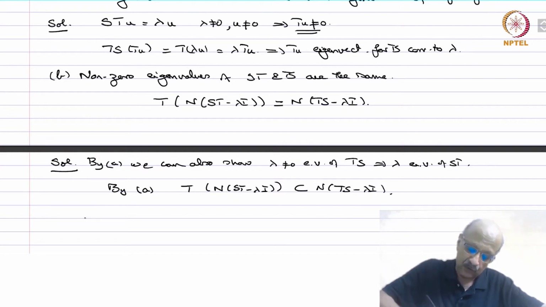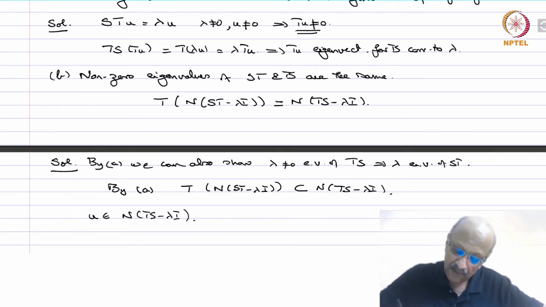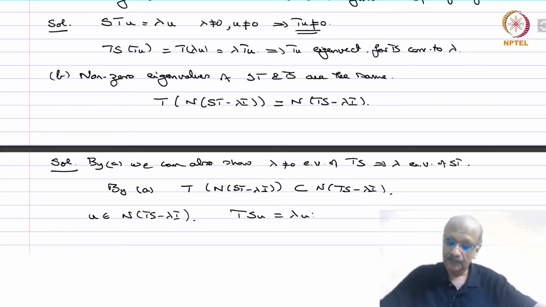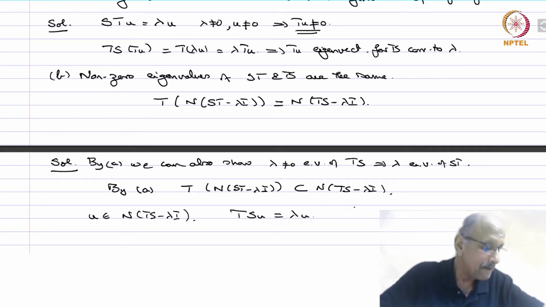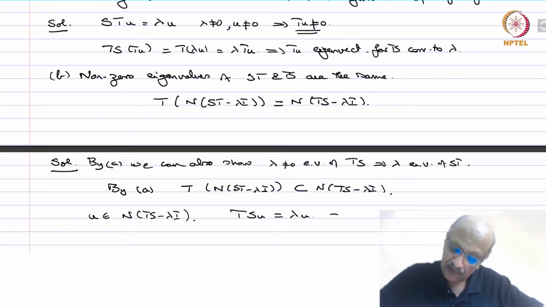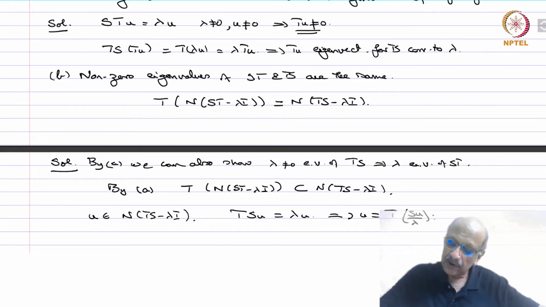So now we have to show the converse. So let u belong to N(TS minus lambda I). Okay, so we have TSu equals lambda u. So this implies that u is T of Su by lambda. So it is T of something.